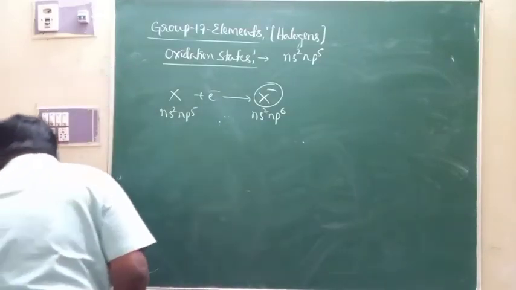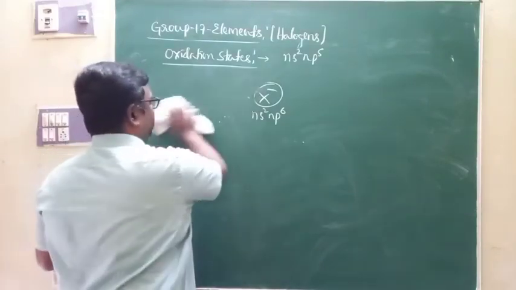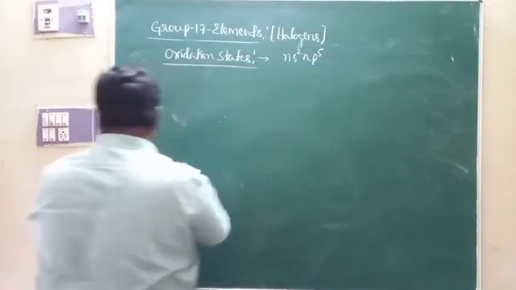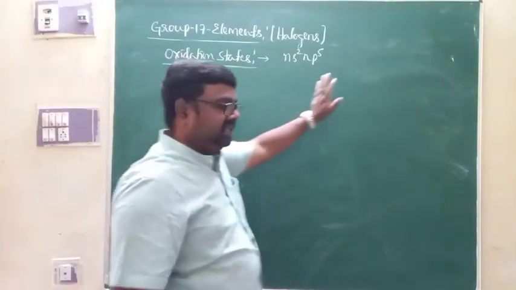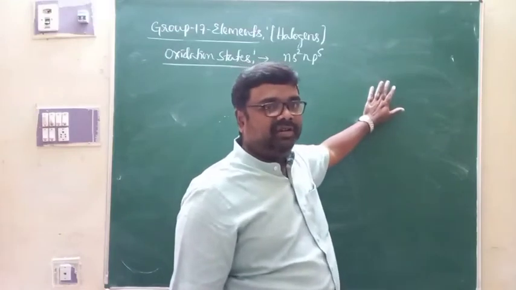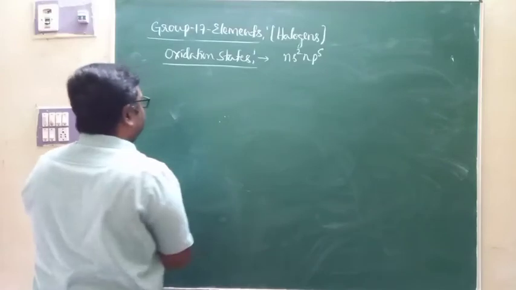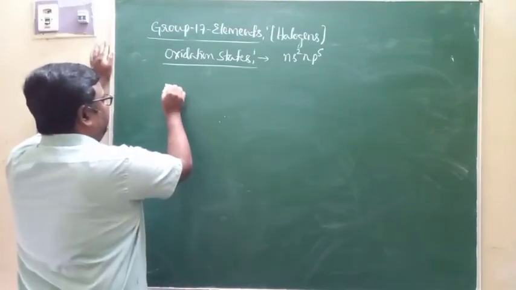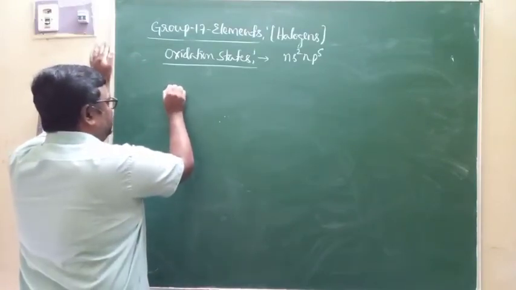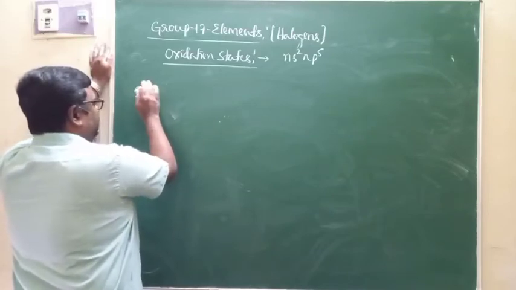And apart from that, these halogens can also exhibit positive oxidation states, especially when they come in contact with highly electronegative elements like fluorine and oxygen. And the possible oxidation states can be explained on the basis of electronic configuration. Look at this, it is the ground state.